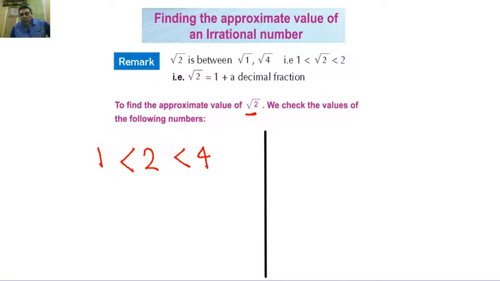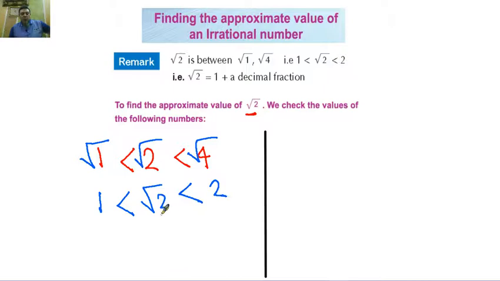By taking square roots: square root of 1 is 1, square root of 2 as it is, square root of 4 equals 2. So square root 2 is between 1 and 2.